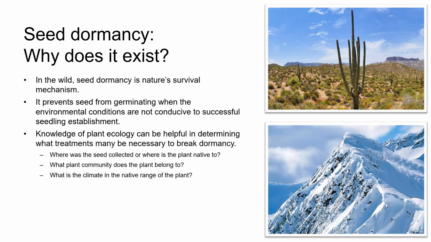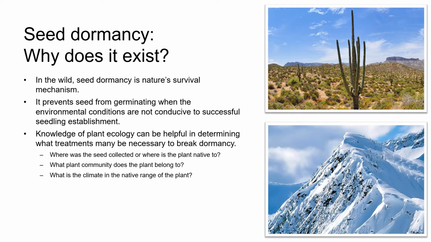Imagine yourself as a plant that grows in subalpine areas of the Sierra Nevada, for example. Your seed ripens and is dispersed at the end of summer. There may be sufficient early rain in the fall for your seed to germinate and emerge, but is your seedling going to survive the freezing temperatures of winter and probably being buried under several feet of snow?